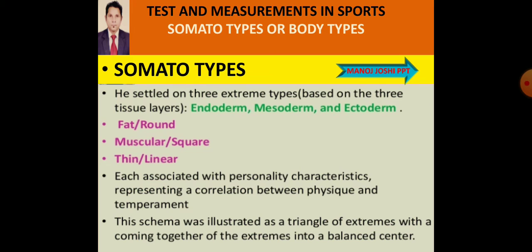Fat bodies are always rounded, muscular bodies are always square, and thin bodies are always linear, each associated with personality characteristics, because body type represents the personality of the individual. So each is associated with personality characteristics, representing a correlation between physique and temperament. This scheme was illustrated as a triangle of extremes, with a coming together of the extremes into a balanced center.